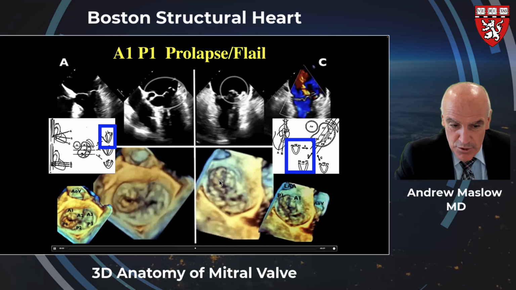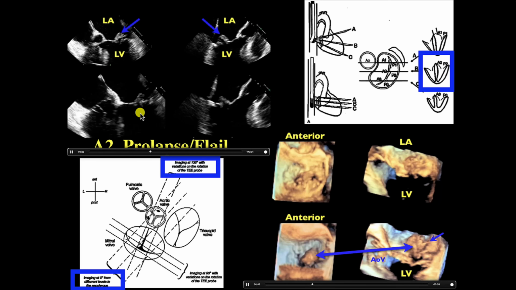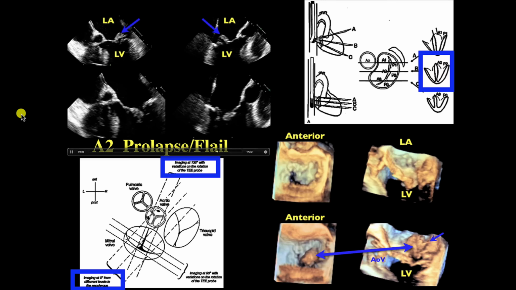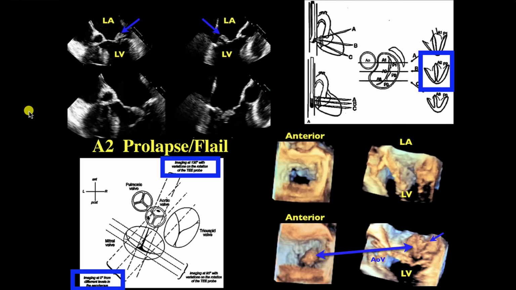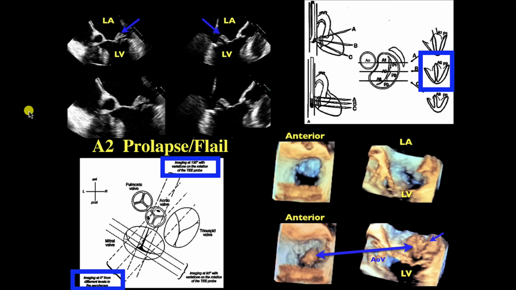This is an example of an anterior leaflet flail, and nicely over in the midesophageal view, you can see it occurring right around there, just around the outflow tract. You can see that in the 4-chamber view and the long axis view right next to it. But on the three-dimensional view, it's very, very nicely demonstrated from different angles.